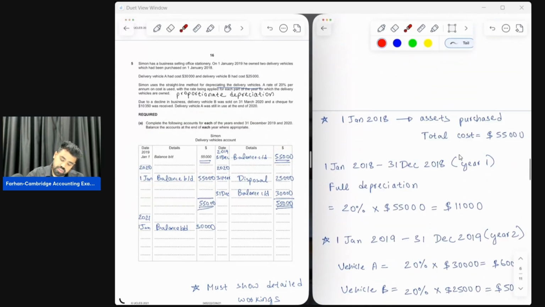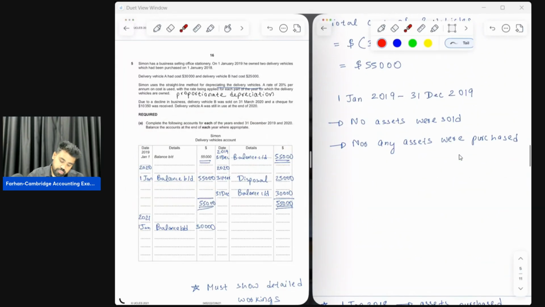And during this year, we understand that an asset has been sold. So on the 31st of March, an asset has been sold, which is delivery vehicle B. What was the cost of delivery vehicle B? $25,000. When assets are sold, we obviously have a disposal. Does that not also mean that this asset is no longer remaining in the books?